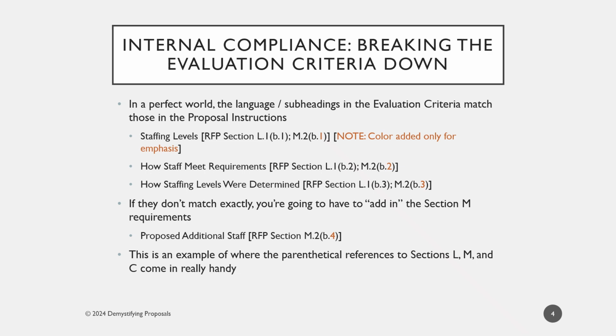In this case, we had an RFP that asked for proposed additional staff. So in addition to the key personnel, they wanted you to talk about the additional staff. That was an M only requirement. So you'll notice the bracket only refers to the M section where that information was required. This is again where those parenthetical references to sections L, M, and C come in really handy to show compliance.